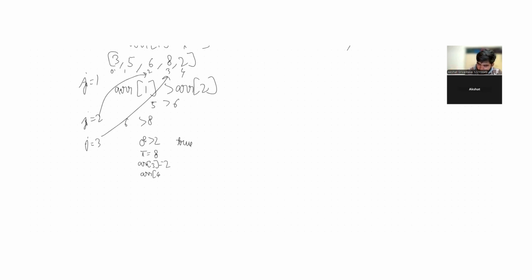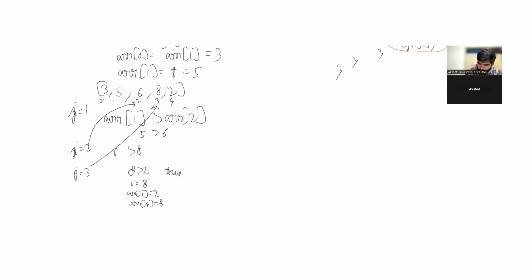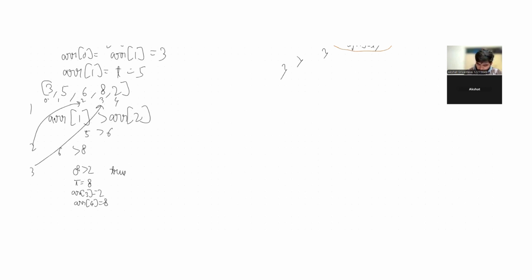And in this way, let me show it over here, our array will look like 3, 5, 6, 2, 8. So the inner loop has completed its execution.